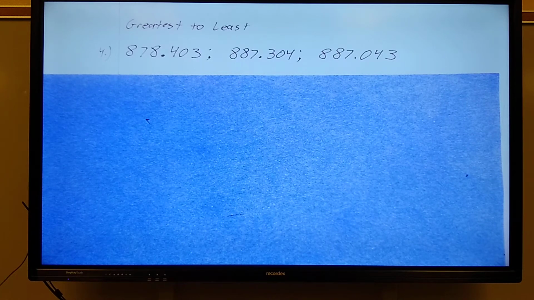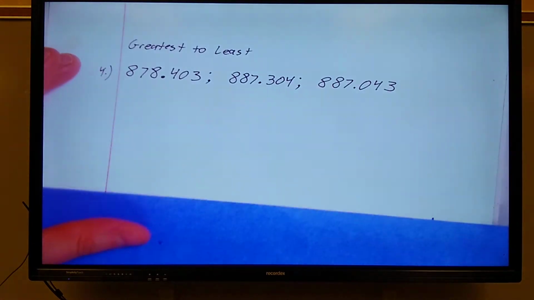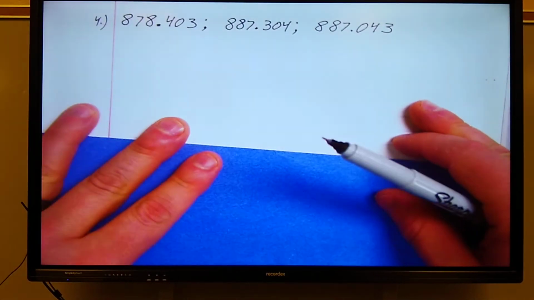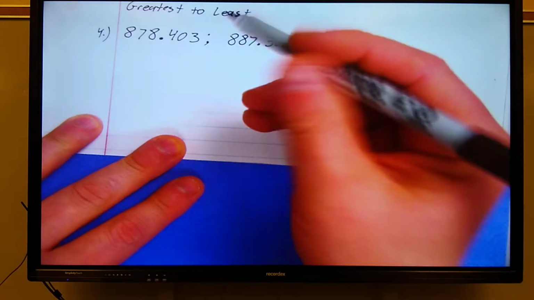All right, let's see how well you did. Step number 1 is the same as step number 1 when you are comparing decimals. You take all 3 of these numbers and you line them up according to their place.